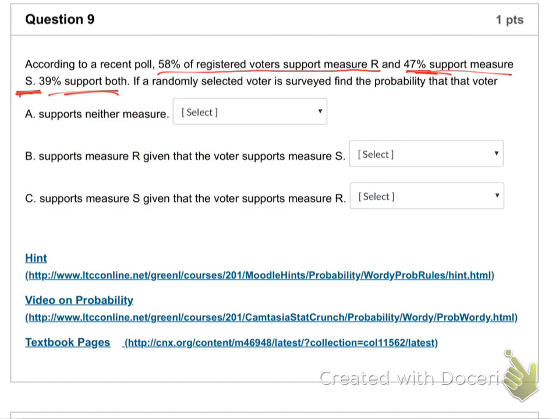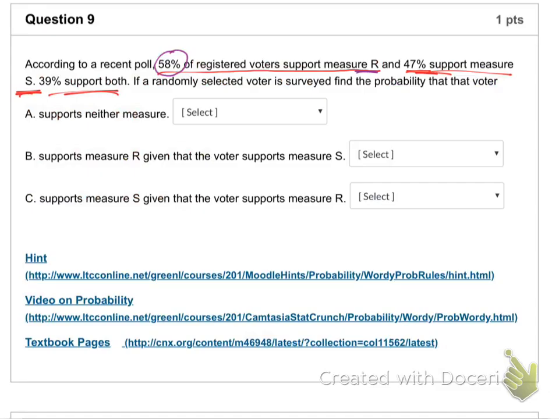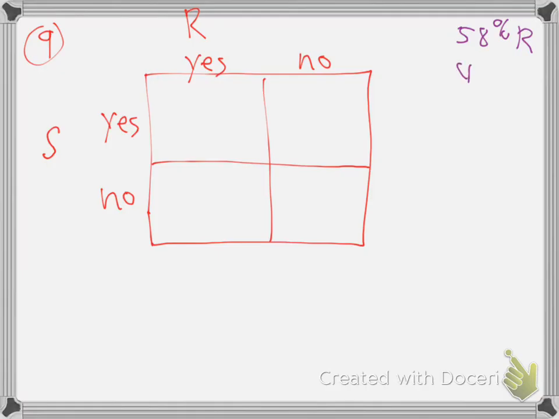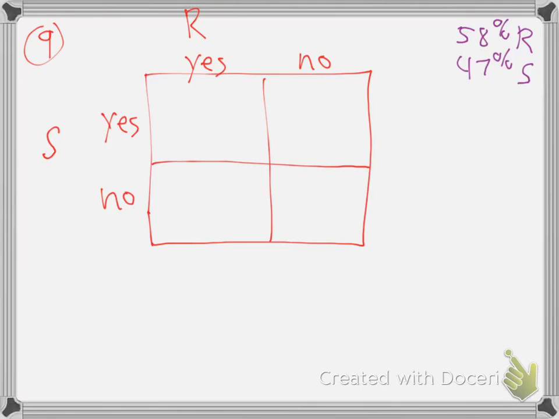It says 58% support Measure R, 47% S, and 39% both.